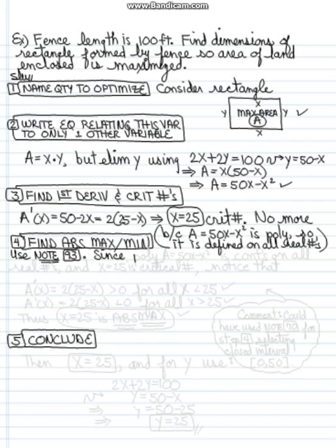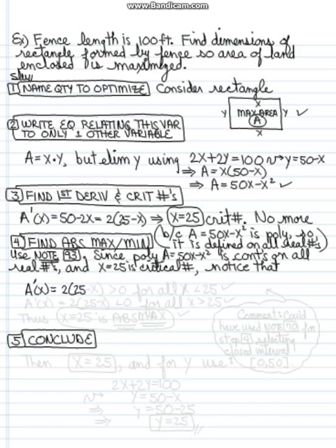Step 4, find the absolute max or min, in this case the max. Again, we're going to use note 93. Since polynomial A equals 50x minus x squared is continuous on all real numbers and x equals 25 is a critical number, we will notice that A prime of x, which is equal to 2 times (25 minus x), is going to be greater than 0 when?